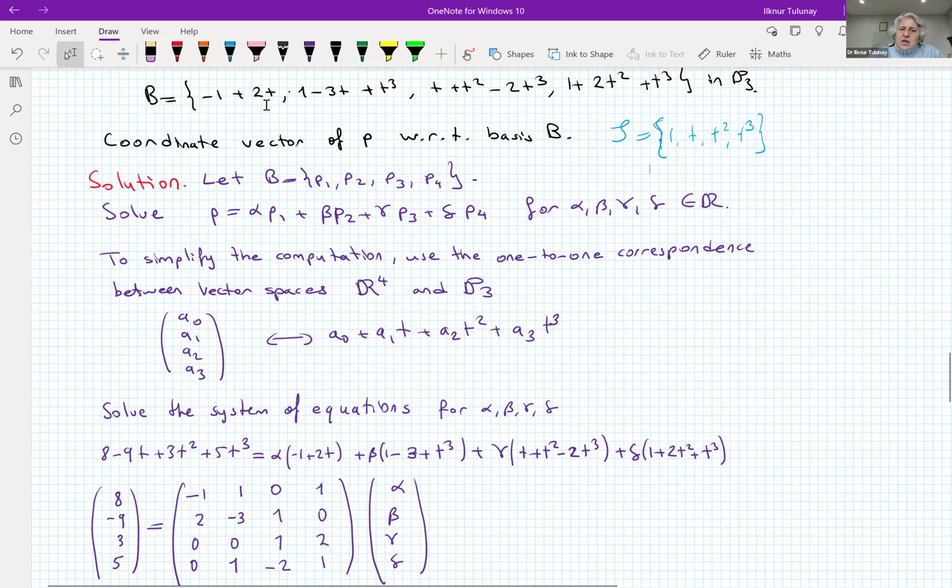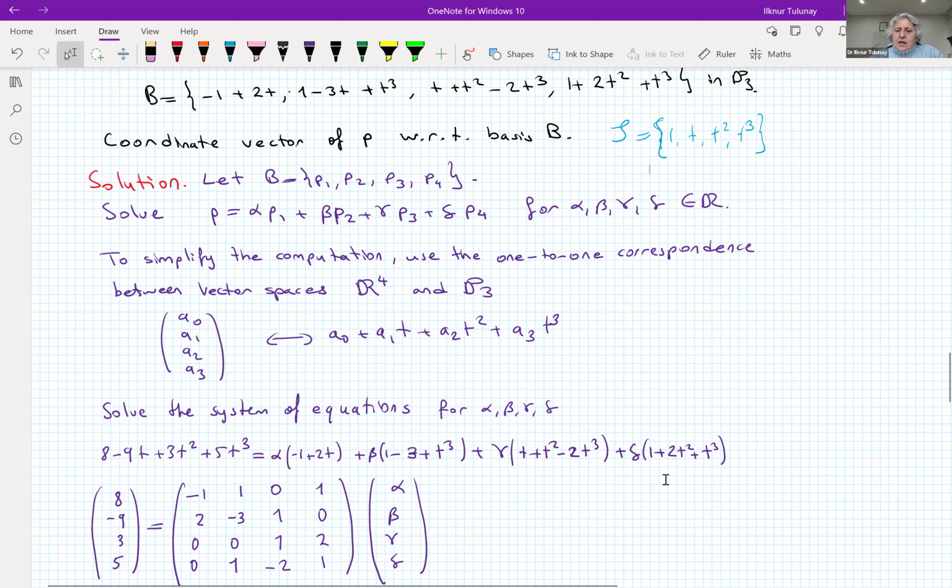So this is P1, P2, P3, P4, and these are the coefficients of these polynomials. Then these are multiplied with alpha, beta, gamma, delta, which are the unknowns. On the other side, we have 8, -9, 3, 5. You can check from here to here how to get it.